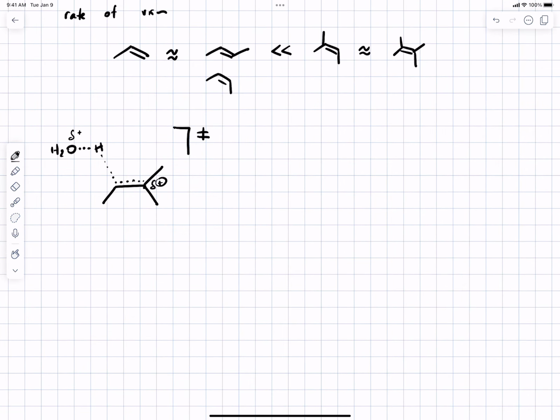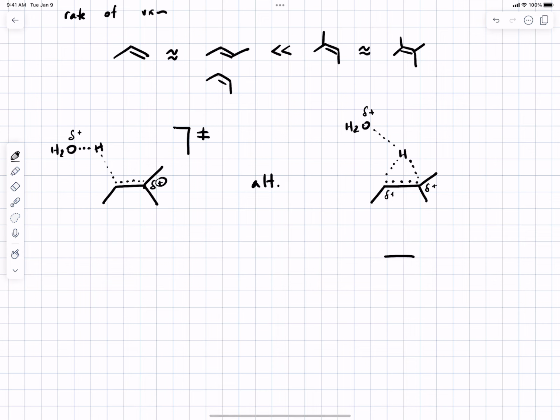Now, we talked a long time ago about an alternative possibility, and this is that you have some sort of bridged carbonium ion type intermediate where both of the carbons bear the positive charge, right?